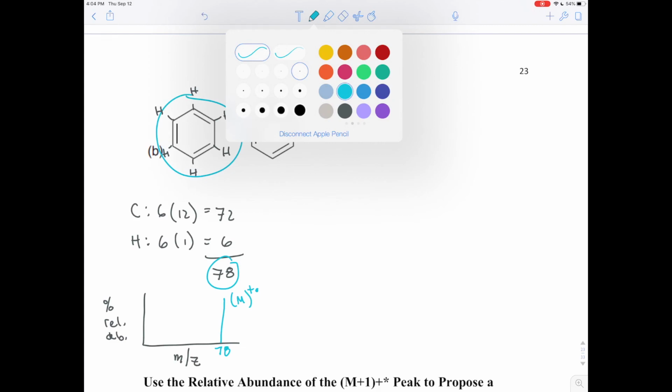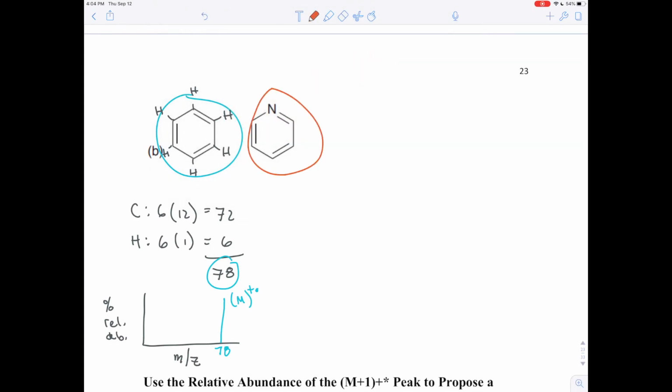Whereas, if you had the other molecule, this one, you notice here you have carbon, nitrogen, and hydrogen. We have 5 carbons, each carbon weighs 12 AMU, so that's 60. We have 1 nitrogen, each nitrogen weighs 14 AMU, so that's 14. And we have 5 hydrogens, each hydrogen weighs 1 AMU, so that's 5, because there's 1 hydrogen on each of these.